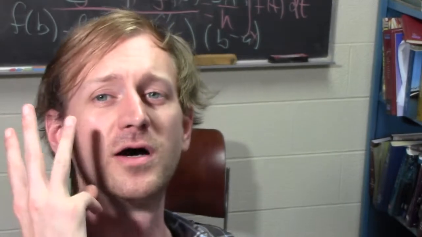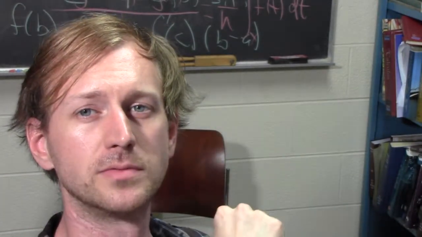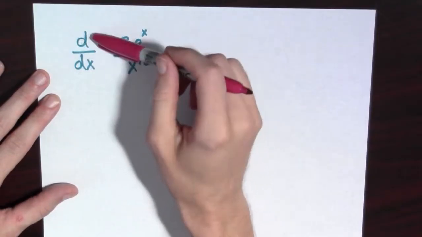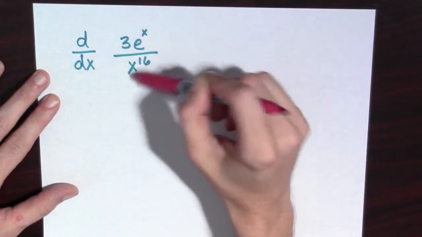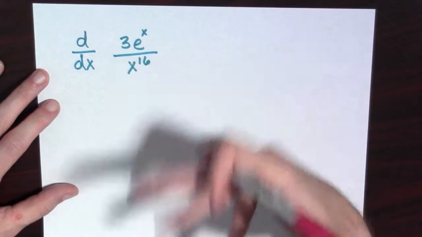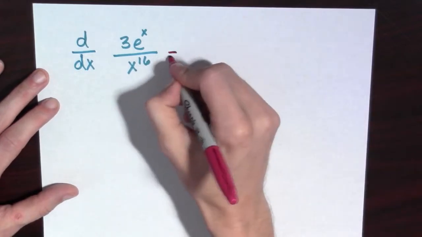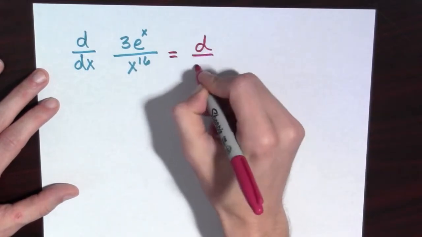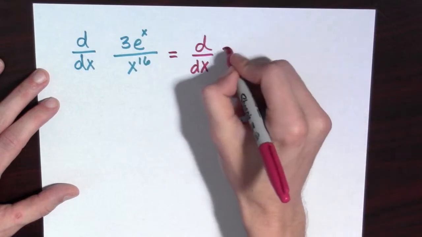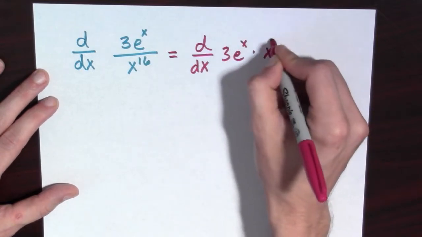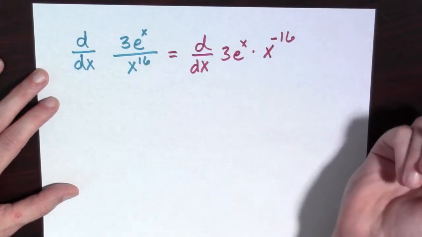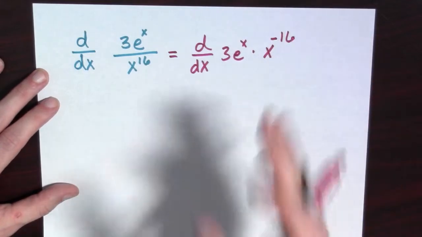Time for the third example. Now I want to take the derivative with respect to x of 3 e to the x all over x to the 16th. This might not look like a product, but it really is. This is equal to the derivative with respect to x of 3 e to the x times x to the minus 16th power. Okay, so now I can use the product rule.